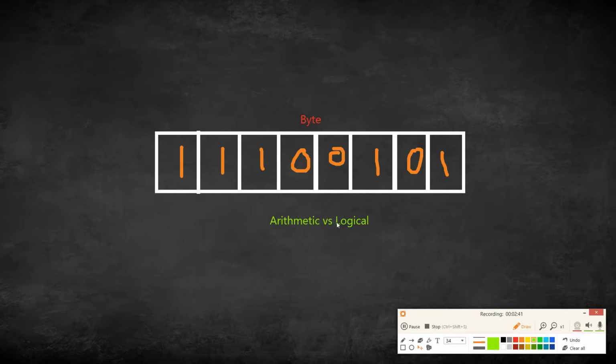So what is the difference? Well, the sample I just showed was a logical shift. This is moving in a 0 and shifting to the left and to the right. That was a logical shift. But what is the arithmetic shift?